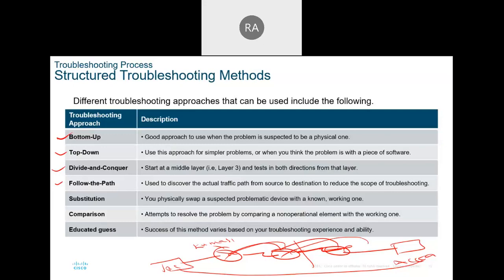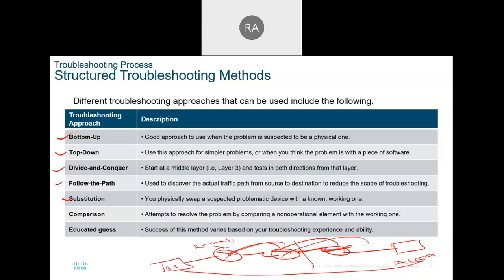So you now know that you need to go to that router and troubleshoot on that router between that router and Accra. So in following the path, you are able to isolate or eliminate where the problems are and able to solve the problem.